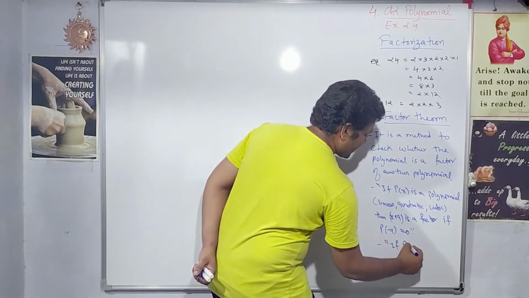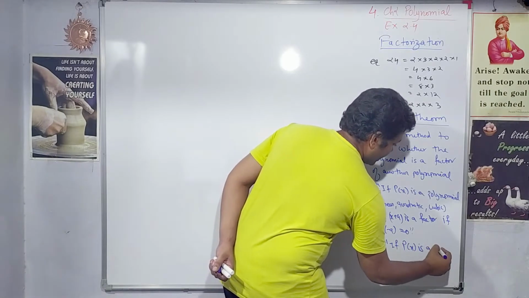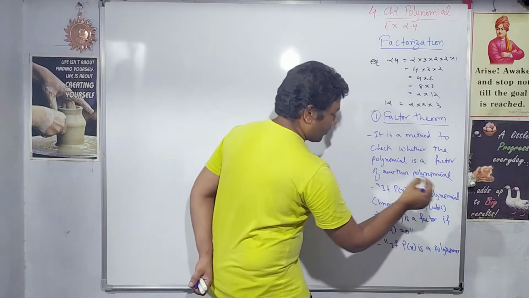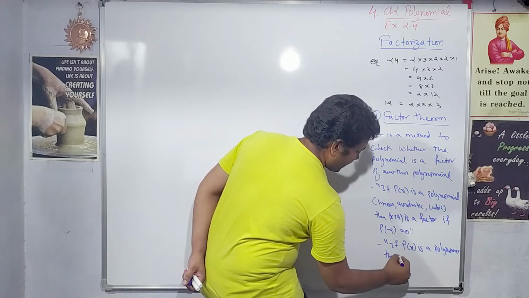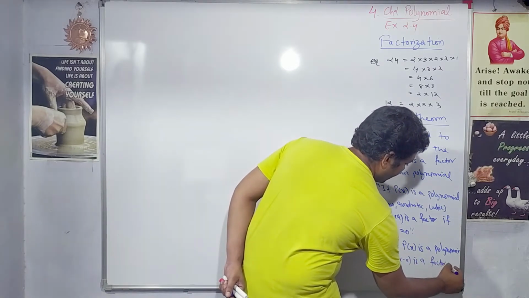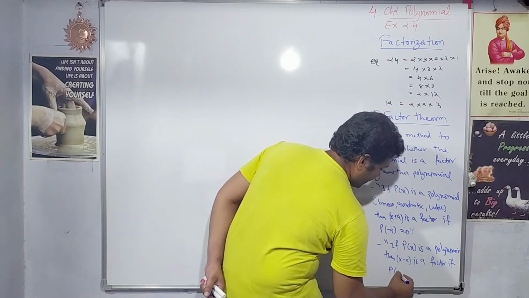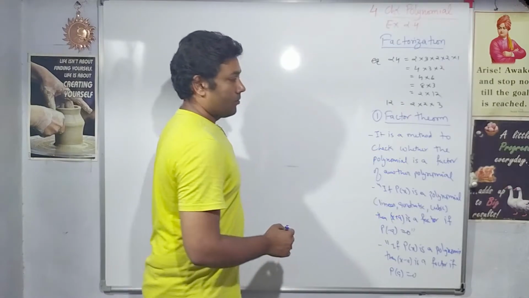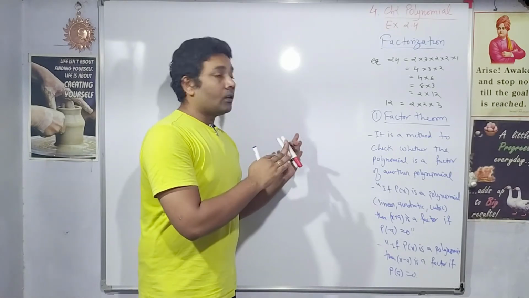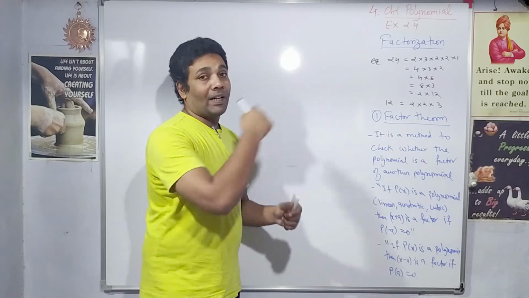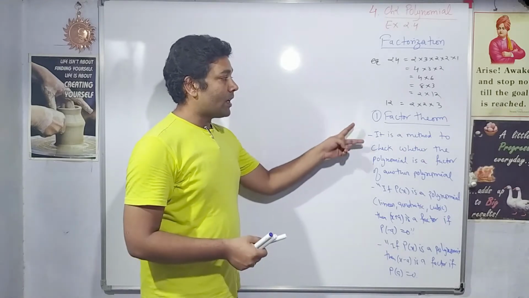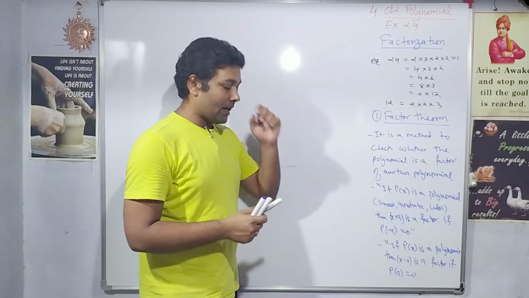If p of x is a polynomial, linear, quadratic, or cubic, then x minus a is a factor if p of a is equal to 0. So this theorem will help us check whether one polynomial is a factor of another. Let me give a small example to explain this. Then we have two more things regarding factorization.